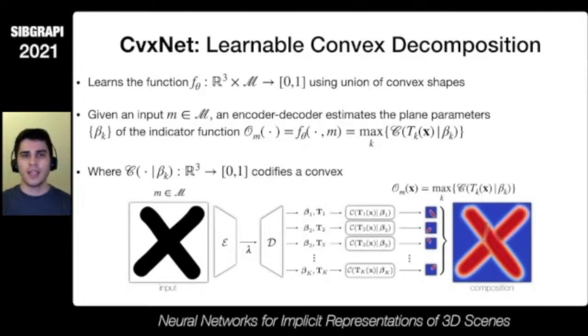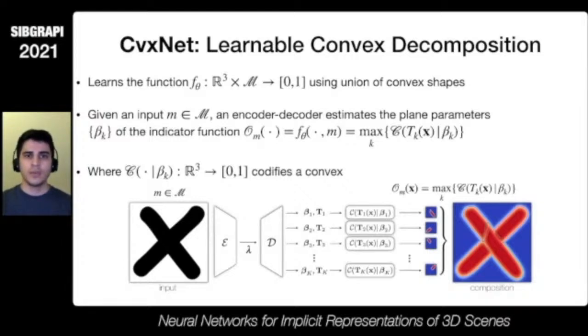These convexes are given by intersections between half spaces. In other words, it represents a simple fixed CSG tree. Again, the leaves are half spaces, the intermediate nodes are intersections, and the root is the union.